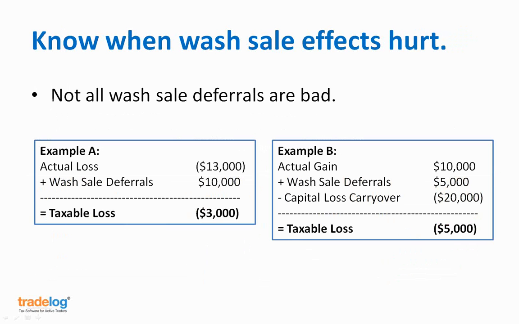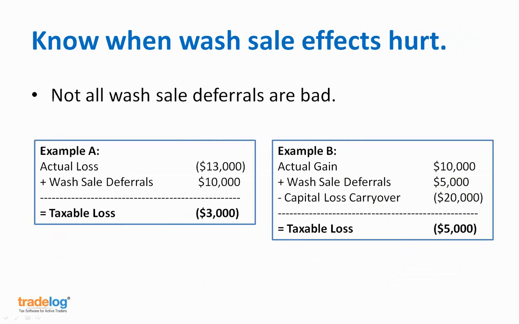Here we have an actual gain of $10,000. Say that your net gain for the year is $10,000, but you have $5,000 in wash sale deferrals. So that's going to affect you. That would take your gain of $10,000 and put it to a gain of $15,000. However, let's say that you have a capital loss carryover. Maybe last year you had $23,000 in losses.